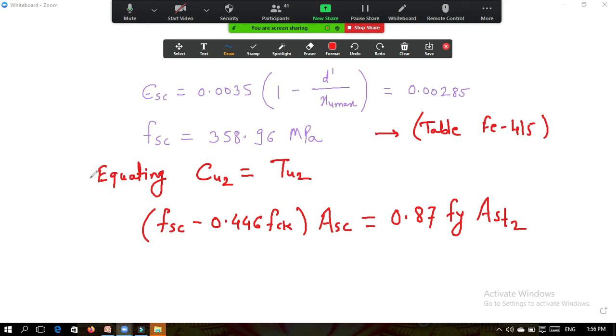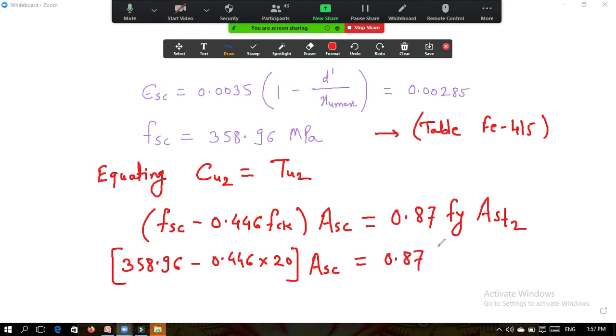So now here put the value. FSC is 358.96 minus 0.446 as it is into FCK. FCK is 20. We don't know the value of ASC, so ASC will remain as it is, which is equal to 0.87 Fy. The value of Fy is known to us, it is 415.